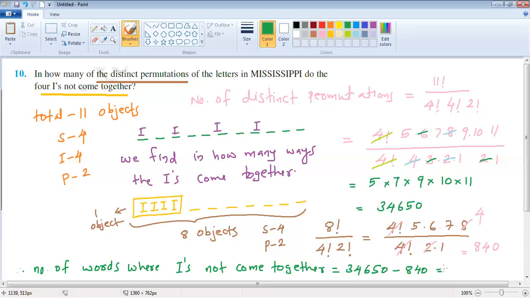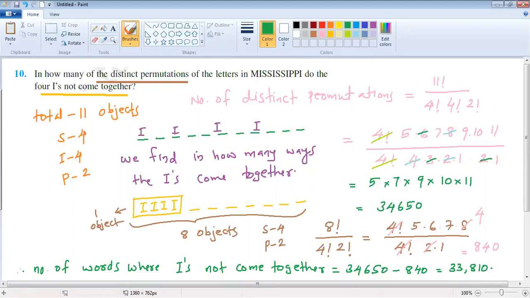So 34,650 minus 840 is 33,810. That means in 33,810 words, the i's will not come together.